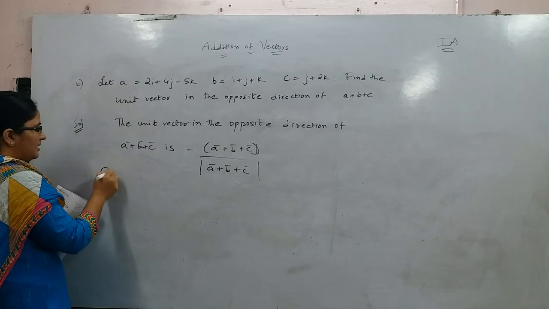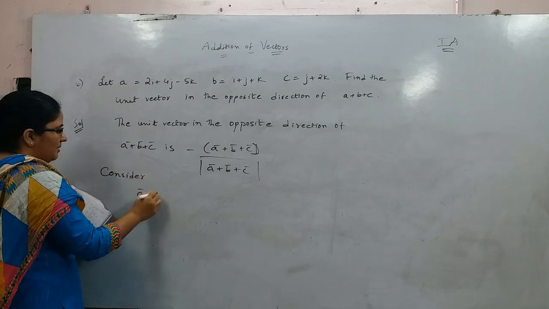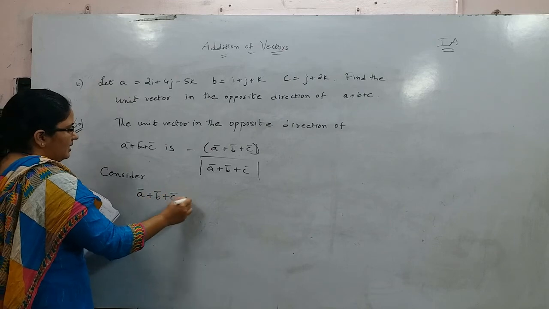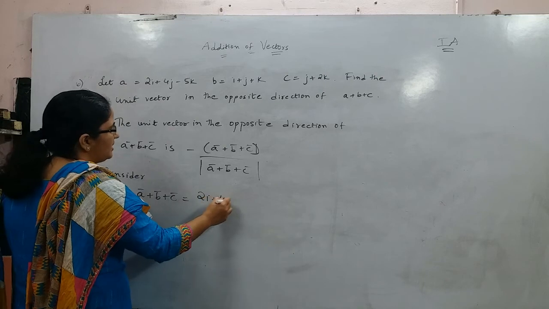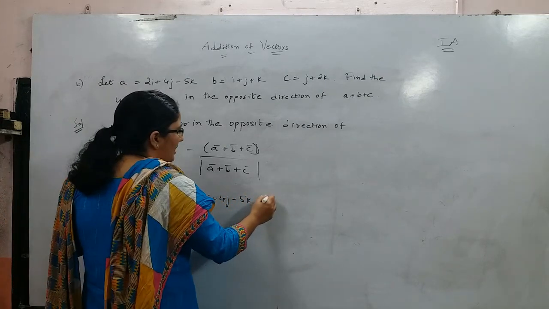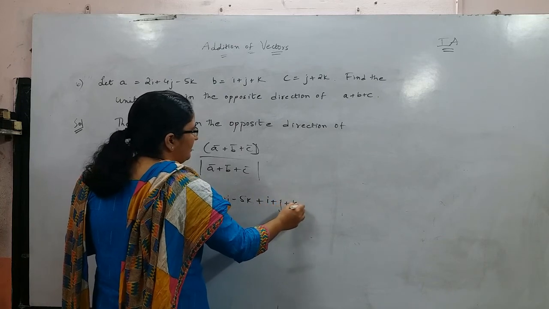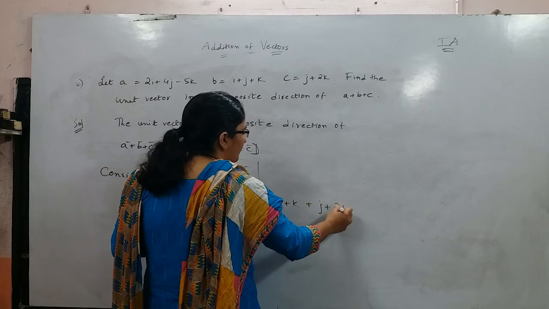Let us consider A bar plus B bar plus C bar, that is equal to 2i plus 4j minus 5k, i plus j plus k, plus j plus 2k.